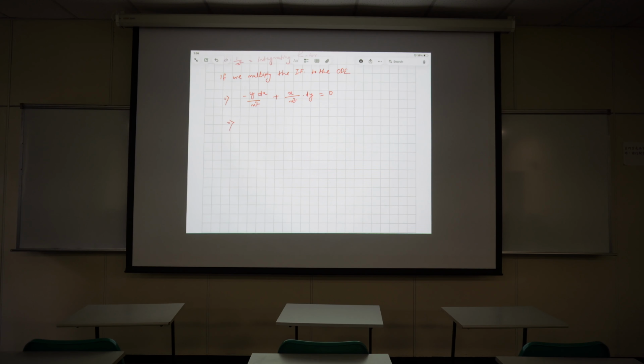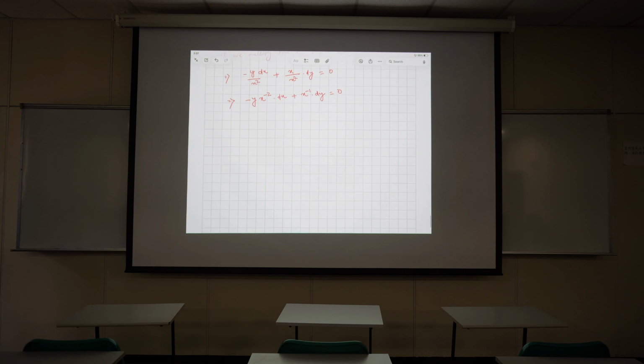That implies minus y over x squared dx plus x inverse dy is equal to 0.